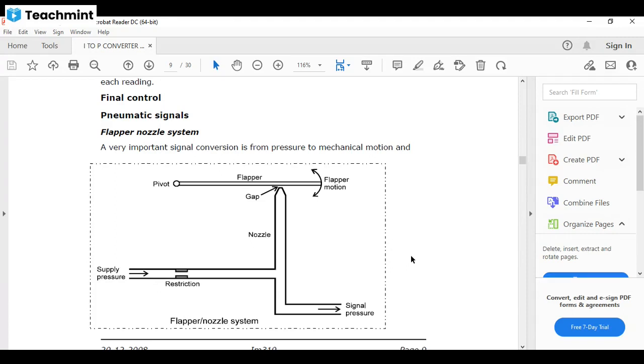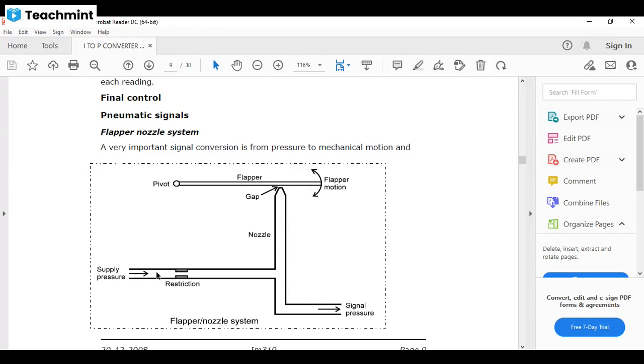This is our flapper nozzle system. So what is the flapper nozzle? It is the important signal conversion from pressure to mechanical motion.